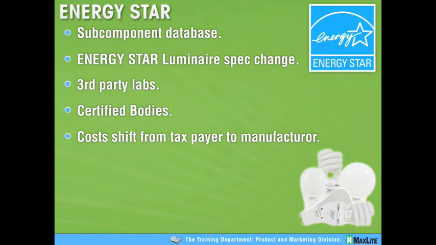Basically, it tells them which products have met or exceeded certain Energy Star requirements and allows OEMs to go to a quick list and pull up potential suppliers for their fixtures. I should note that the subcomponent database is not mandatory, but it's voluntary on the part of the GU24 manufacturers. And MaxLite will certainly have our products on the subcomponent database.